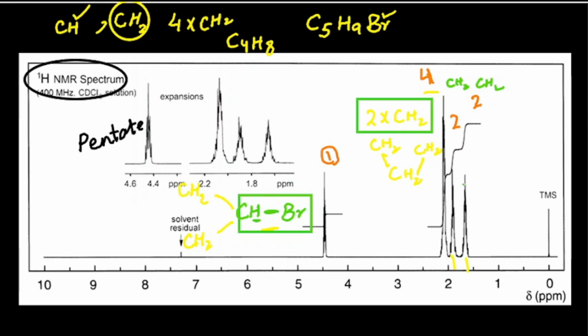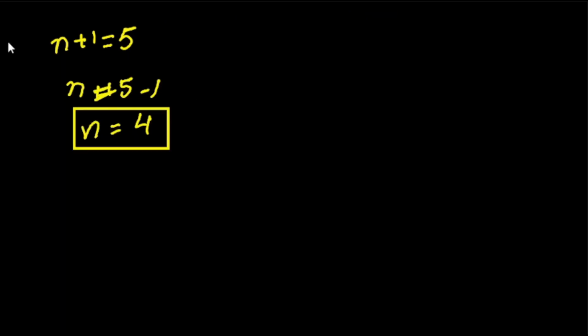But now what we want to see is its splitting pattern, because it also has some kind of splitting pattern. And now if we see their splitting patterns, you will see here, this is a kind of quartet here and similarly a quartet here. So if we solve this quartet for the splitting rules, you will see that n plus 1 is equal to quartet.